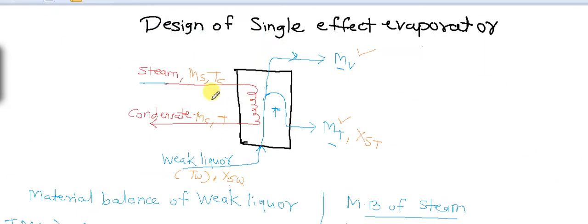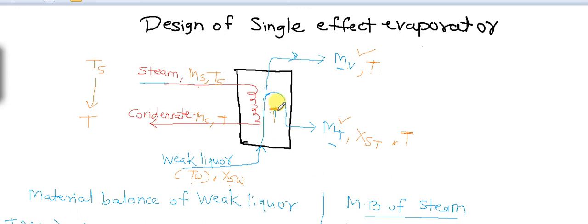So please note that in case of steam, the steam temperature decreases from Ts to T, while in case of weak liquor, its temperature increases from TW to T. So you get the outlet temperature of vapor also T. Similarly, the outlet temperature of thick liquor also is T. So in case of weak liquor, temperature increases from TW to T, while in case of steam, temperature decreases from Ts to T. Please note this temperature balance: here T means the boiling point of this weak liquor or solvent in this particular evaporator, which depends upon the evaporator inside pressure.